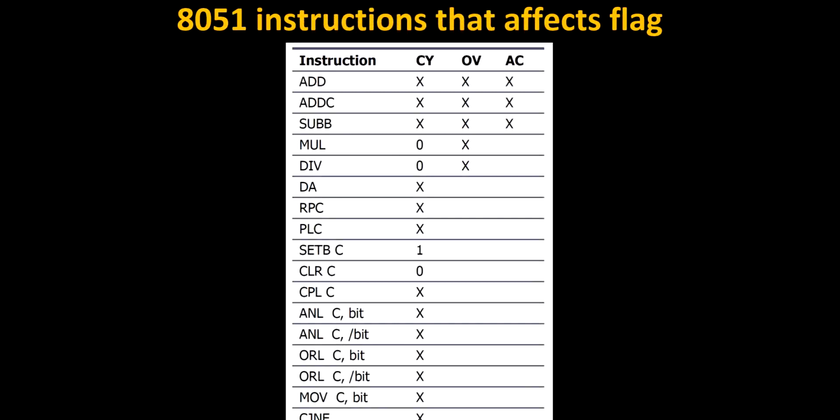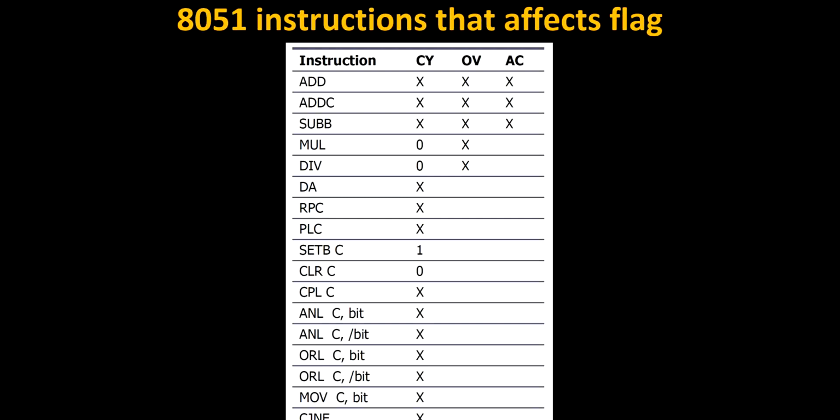These are some simple instructions like addition, subtraction, multiplication, division, and conversion from hexadecimal to binary to decimal number, DAA what we are using, rotate instructions, complement, set, clear, and, or, bitwise moving, and jump instruction. So some of the instructions are supported to the carry flag. So these are the instructions.